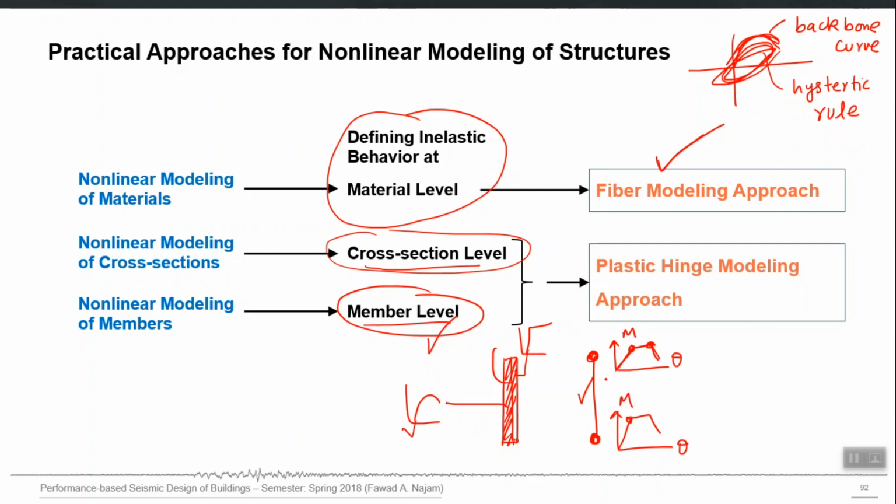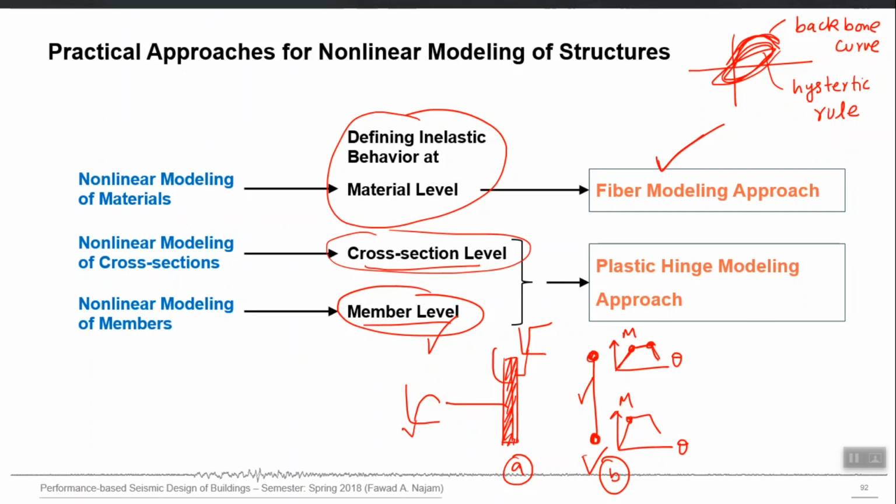So this second approach, the right one, let's say it is A, and this is B. This approach B is more simple. It only requires you to construct the plastic hinge moment rotation curve. Obviously there are some complexities involved in the case of a column, but let's say it is a beam. All you need to have is a moment rotation curve at the two ends of that beam.